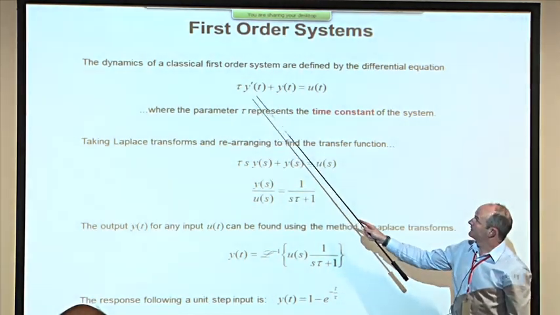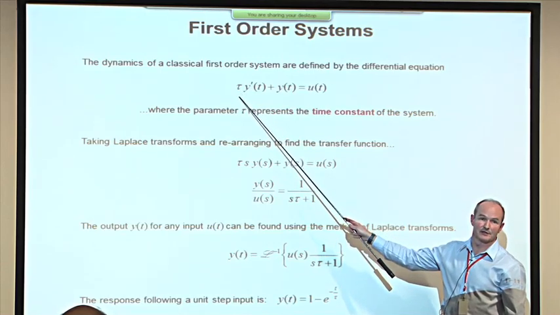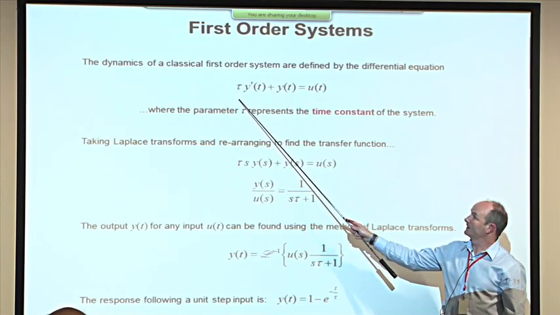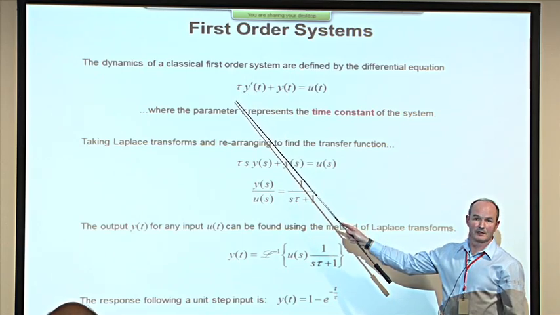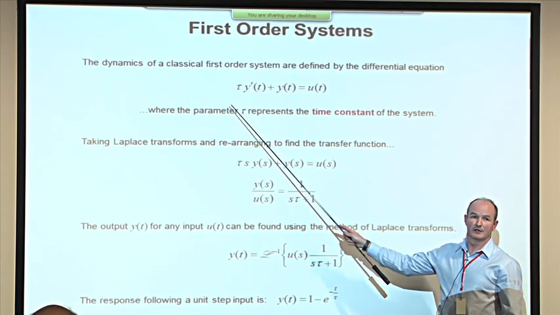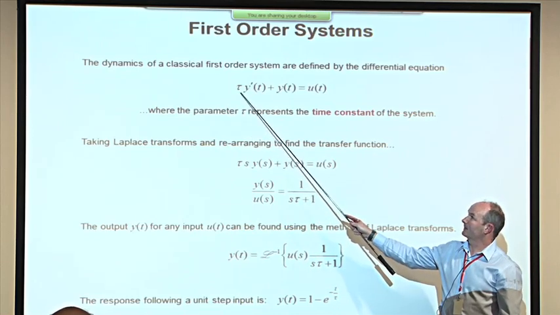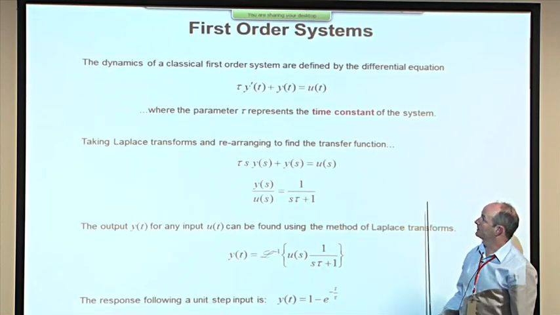There is one parameter present in this differential equation called tau. This parameter is known as the time constant of the system, and it's the only parameter. So all the performance of the system is wrapped up in a single number known as its time constant.